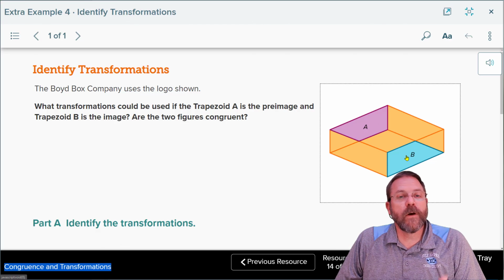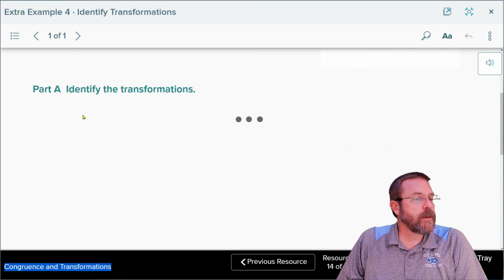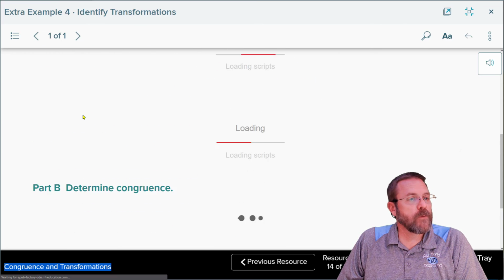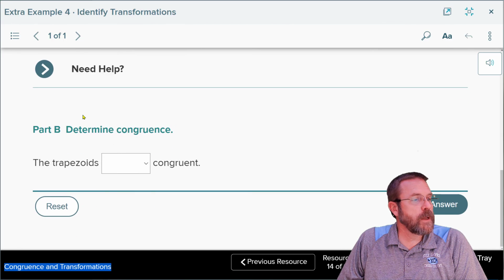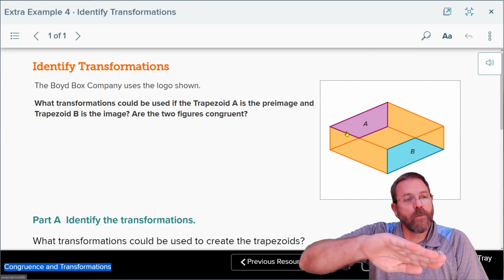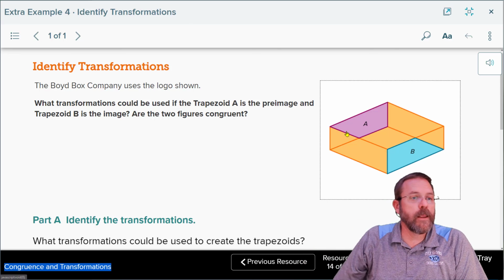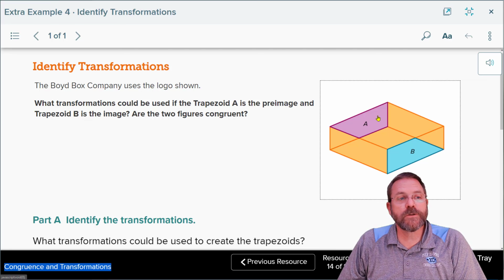So we need to figure out how we're going to make A end up being B by identifying some transformations. So first thing I would do, and they're not even going to give us any toys to work with here, is rotate A. So I would flip A over, and that would make the orientation the same. And then from there, I would translate it down and over until it matched up on part B.